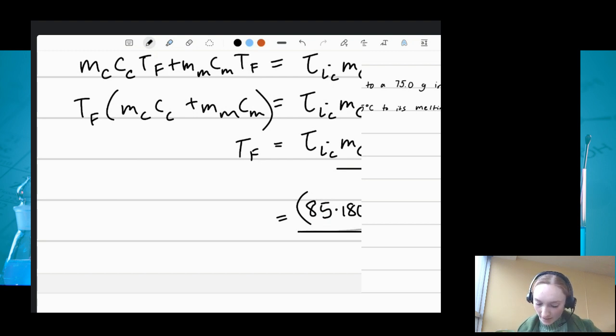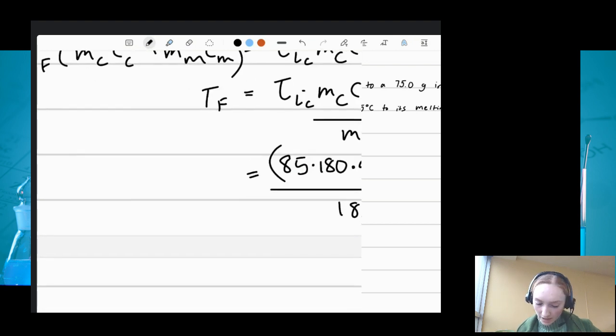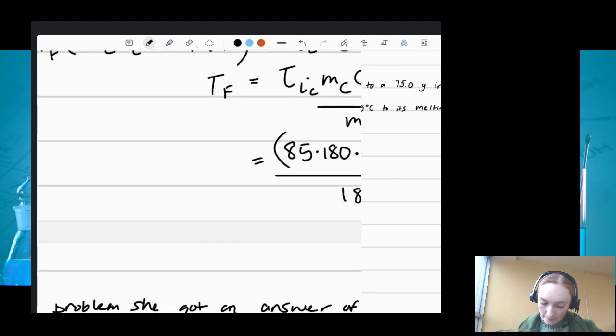So let's divide by the mass of the coffee, which is 180. I'm just seeing if I did that right. And then multiplying that by the specific heat of the coffee, which is 4.184. And then adding the mass of the metal and heat capacity again.